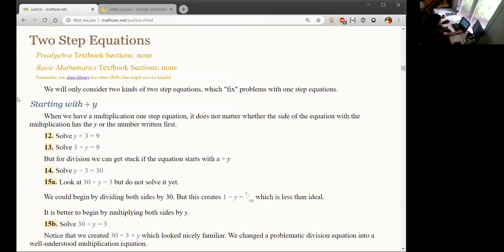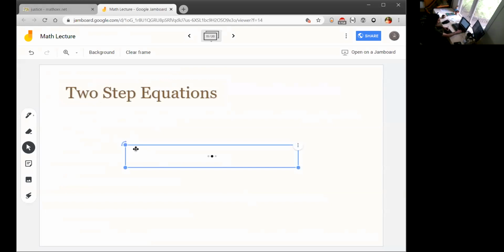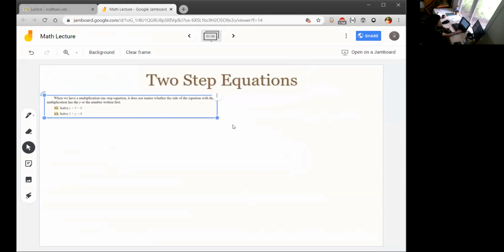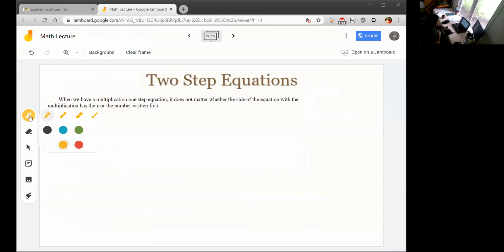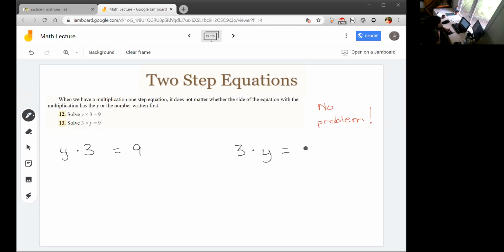So if I have y times 3 equals 9, or if I have 3 times y equals 9, these are exactly the same.